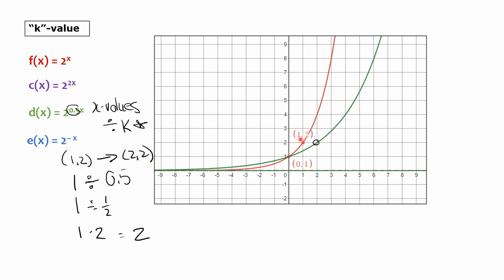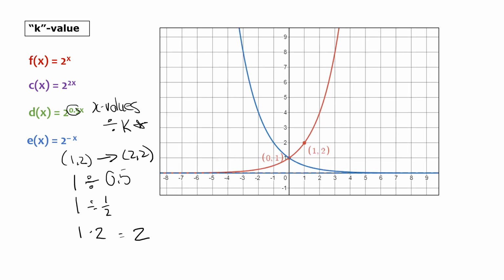So I'm going to go to my parent function, and it's going to flip over. All the red values just reflected through the y-axis. So (1, 2) is now over here on this side, (-1, 2). That's where the point is. So that's your negative k value.